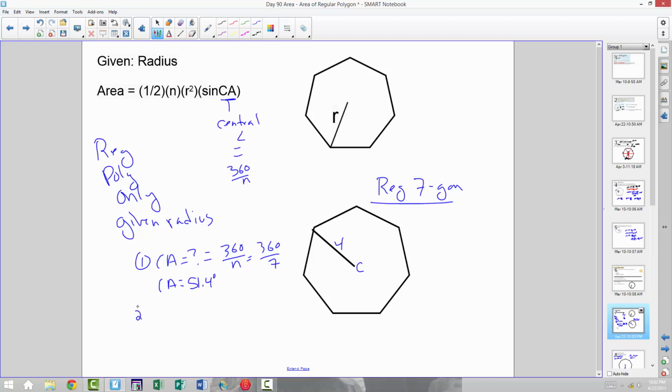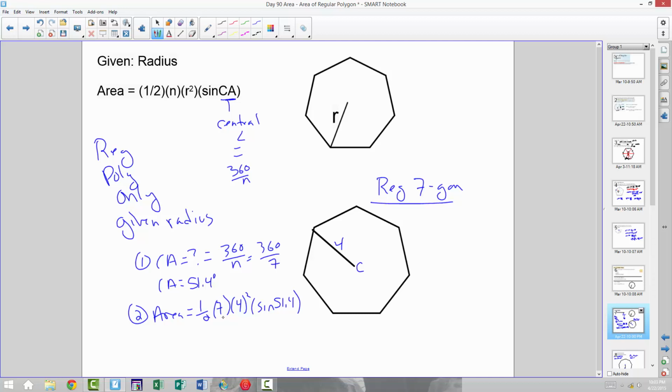Step 2, I'm now going to input everything into my area formula. So area equals half times number of sides, 7, times my radius squared, 4 squared, times sine of my central angle, which is 51.4. Make sure your calculator is in degree mode. So enter everything into your calculator and round to the nearest tenth. So a half times 7 times 4 squared times the sine of 51.4.